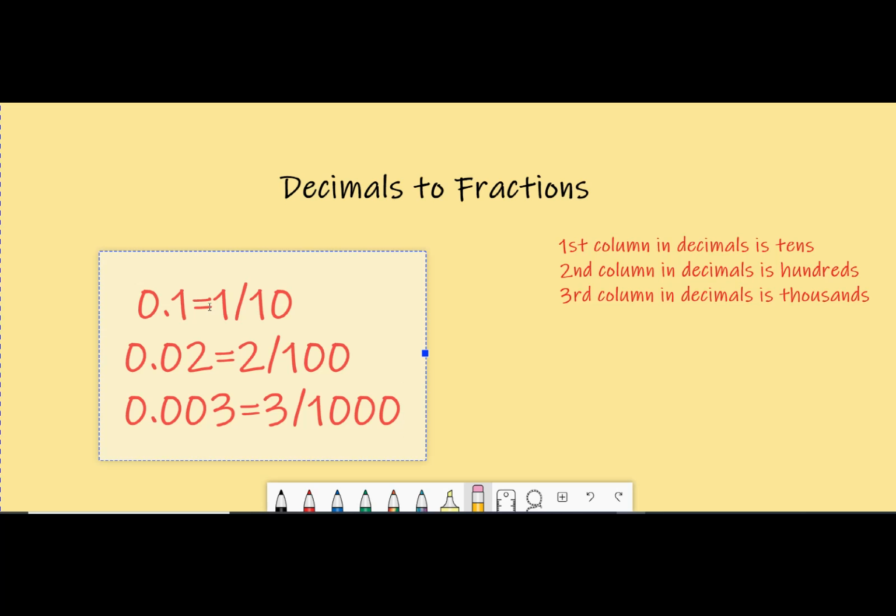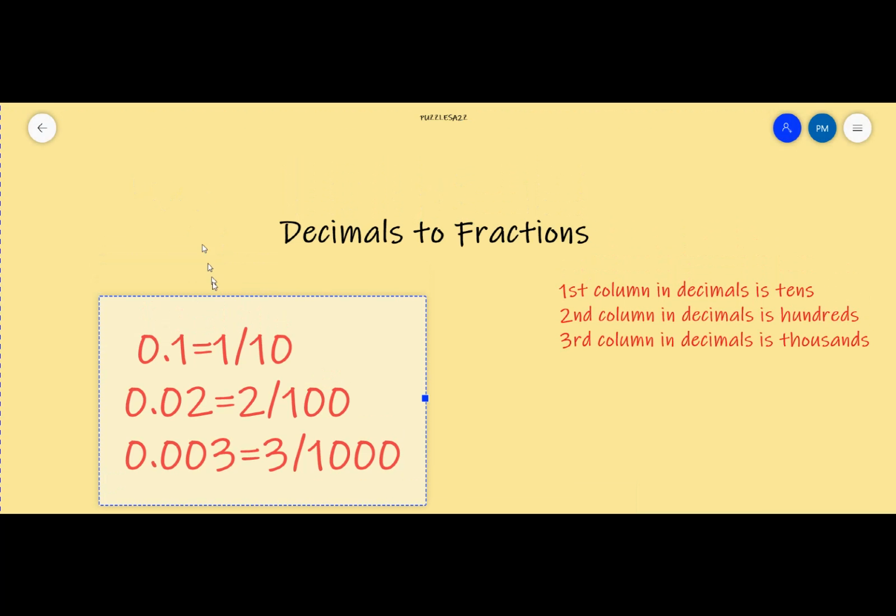So let us look at a few more decimals. Okay? So that equals that. And now let's just do 0.25. Nice common decimal. What is 0.25?